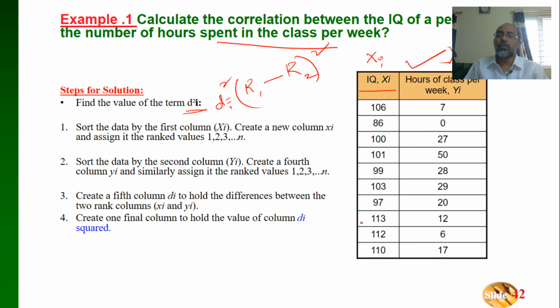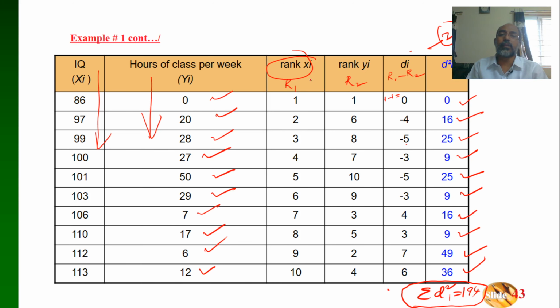So these two columns are the given data. Then we have to assign the ranks. For x we have given r1 ranks, and for y we have given r2 ranks.